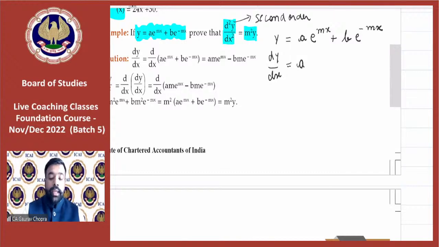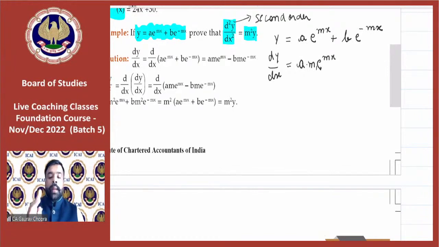Now a will remain as it is. Then what is the derivative of e to the power of mx? Whenever we talk about e to the power of x, it remains as it is. So e to the power of mx remains as it is, but the derivative of mx is m, so we will multiply with m.